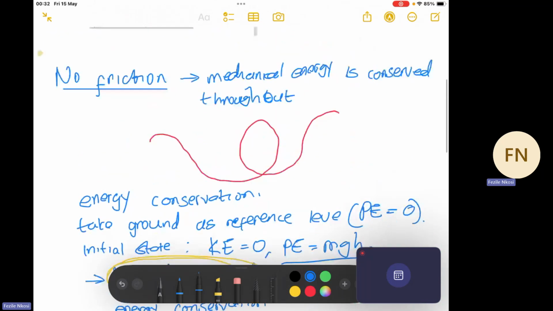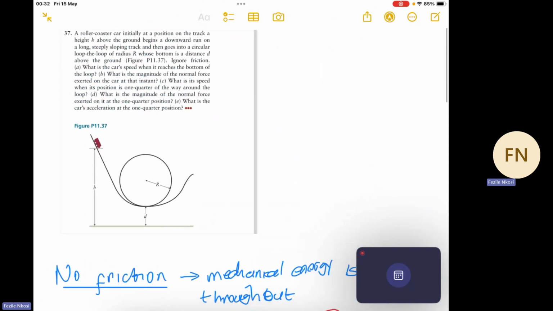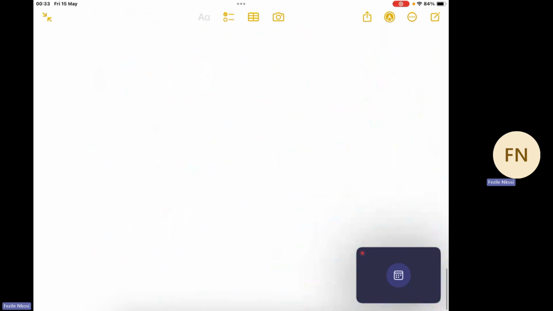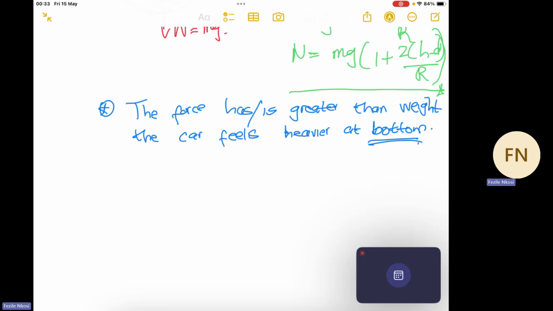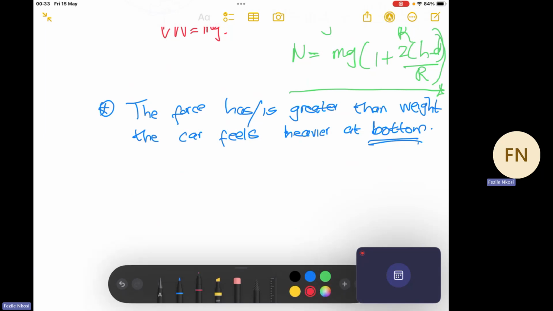And what is C? What do they want from C? What is its speed when its position is 1/4 of the way around the loop? Now, guys, it looks complicated, but it is not. Trust me.